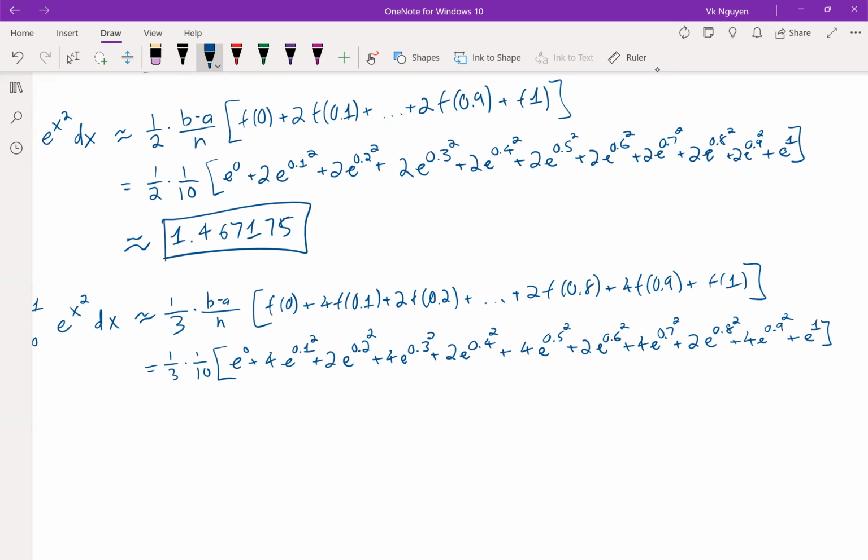Ta-da! Plug this in the calculator and we get a number approximately equal to 1.462681.